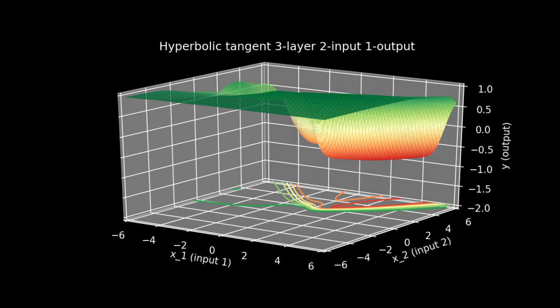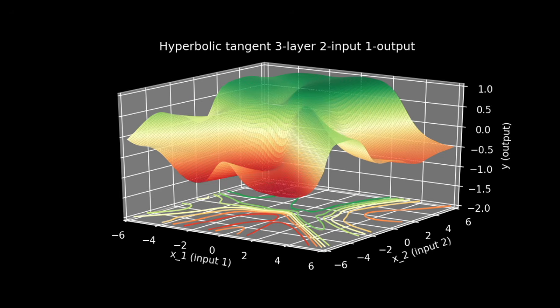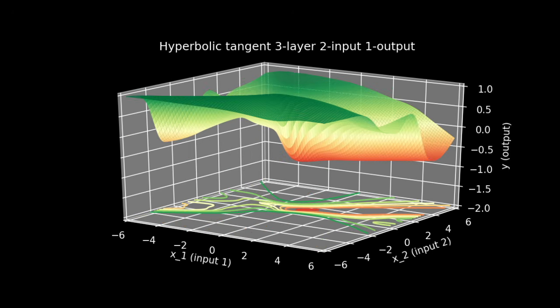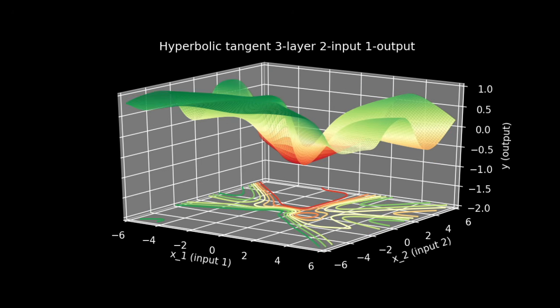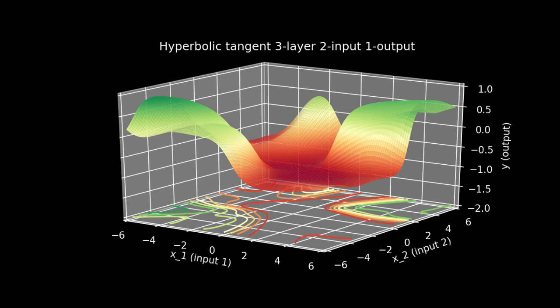The one limitation we can see looking at it this way is that the boundaries are all smoothly curved. Sometimes those curves are quite sharp, but usually they're gentle and rounded. This shows the natural preference that neural networks with hyperbolic tangent activation functions have for smooth functions and smooth boundaries. The goal of this exploration was to get an intuitive sense for what types of functions and category boundaries neural networks can learn when used for regression or classification.